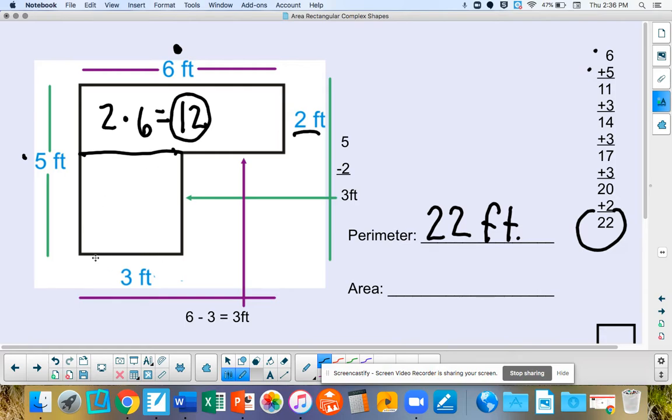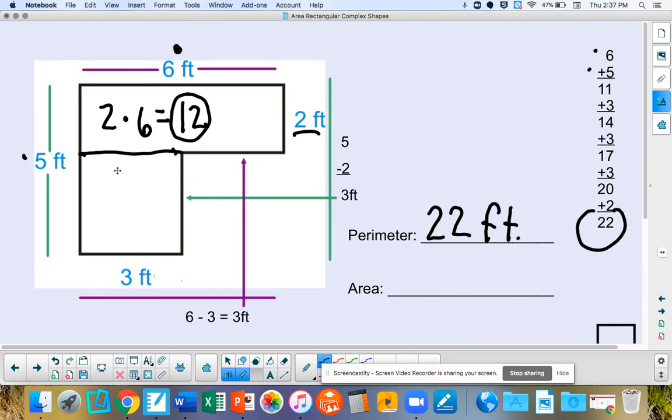Let's take a look at the bottom one now. I have a 5, but notice 5 keeps going past the line I'm looking at. This amount, I don't actually know, but I could figure it out. Down here, we found this side. We needed to find this side, and this is the whole amount.